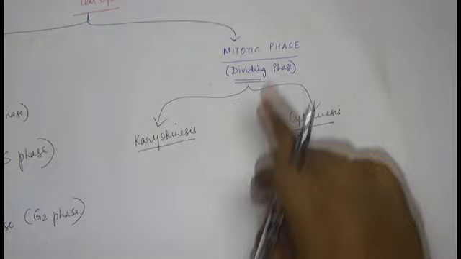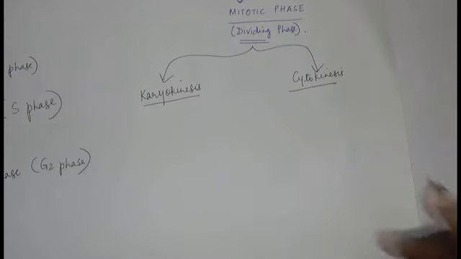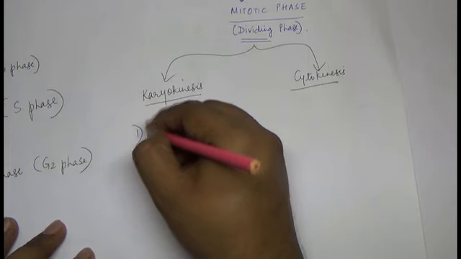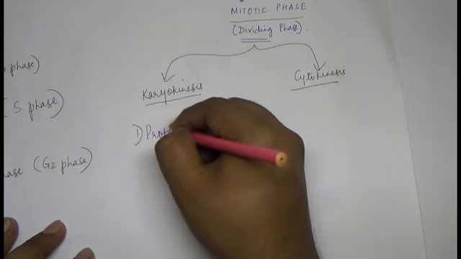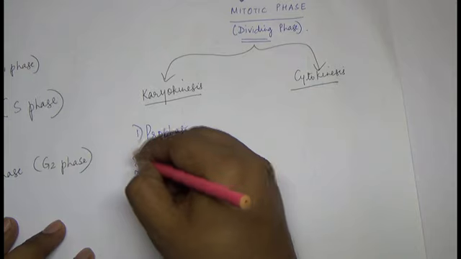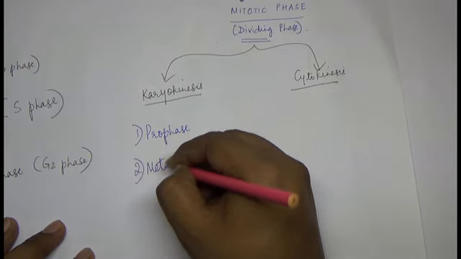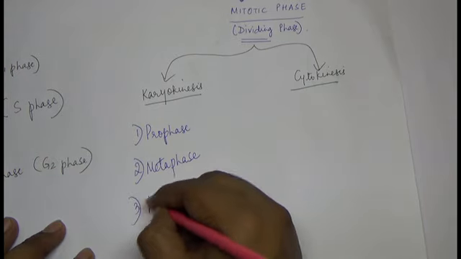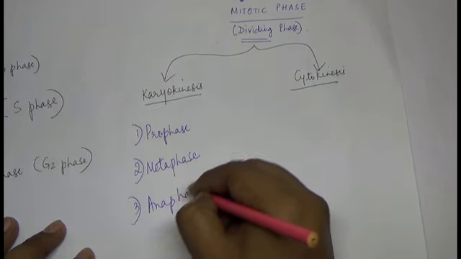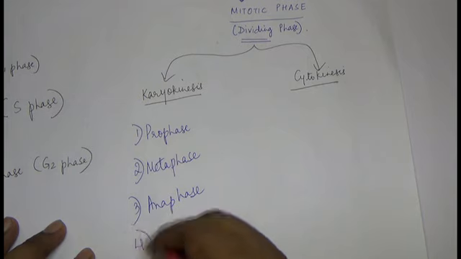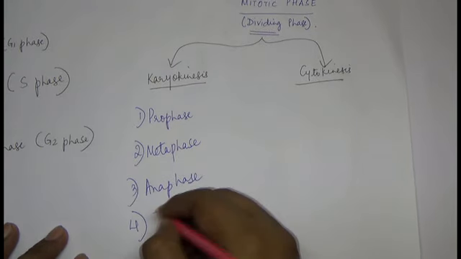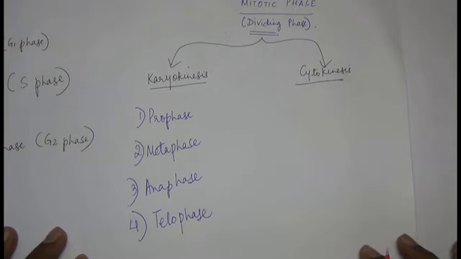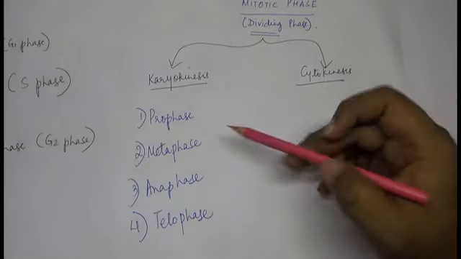Karyokinesis of mitosis comprises of certain steps. Have a look at the steps. Okay, so what are the steps?